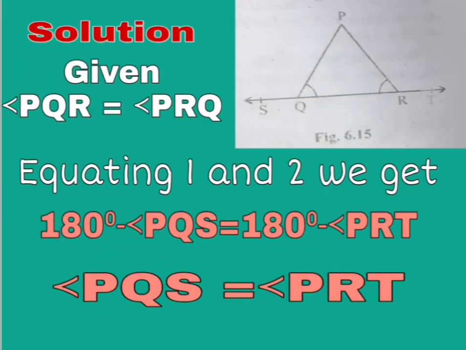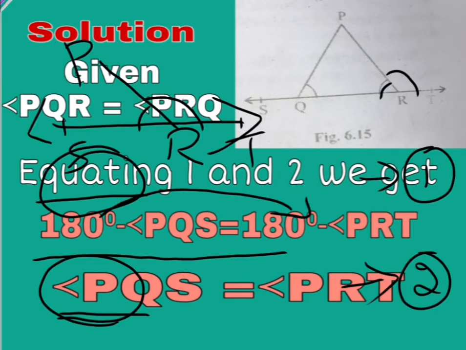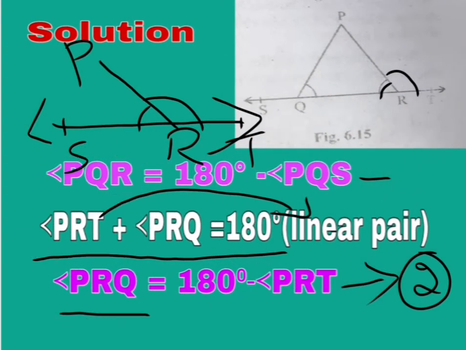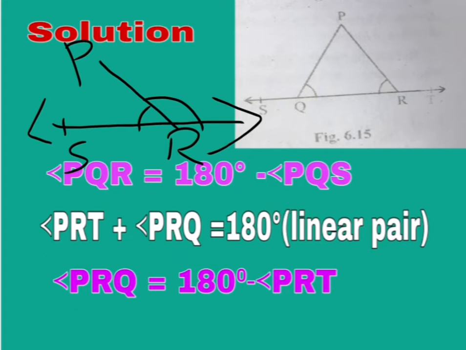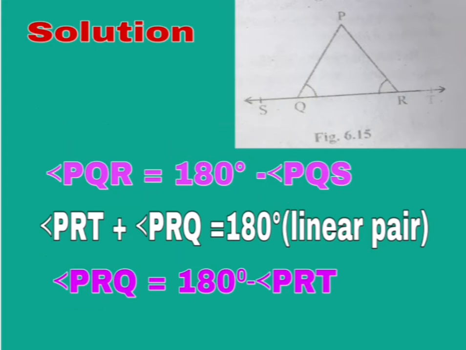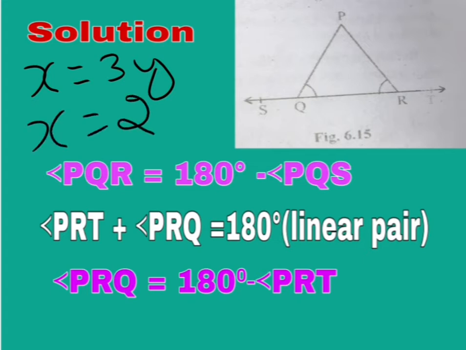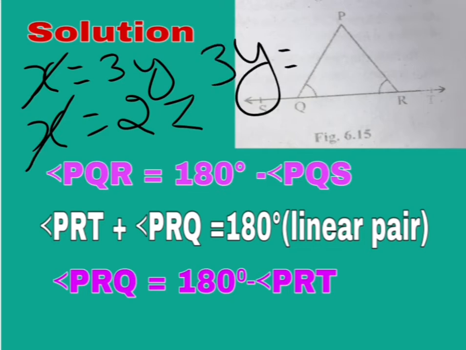For example, just imagine that you have x is equal to 3y, and x is equal to 2z. When we equate these two, the same term x gets cancelled, and you will get the other two sides. 3y is equal to 2z, like that you are going to get.